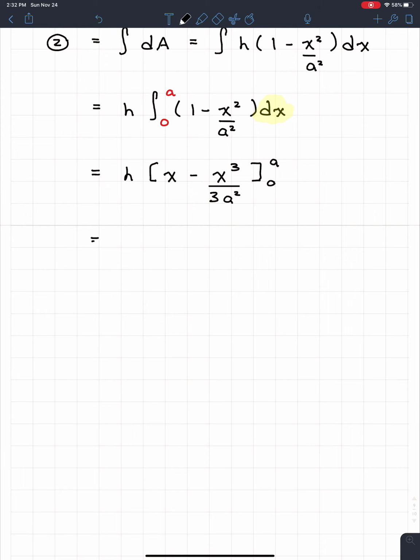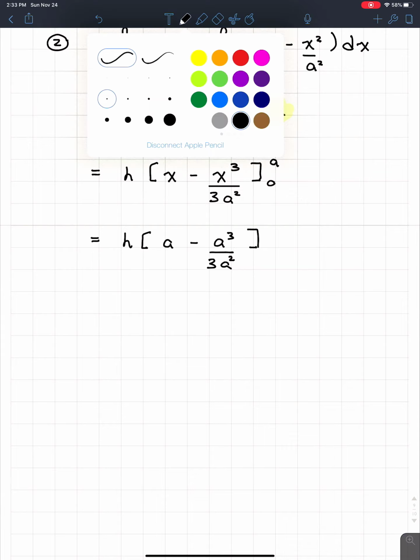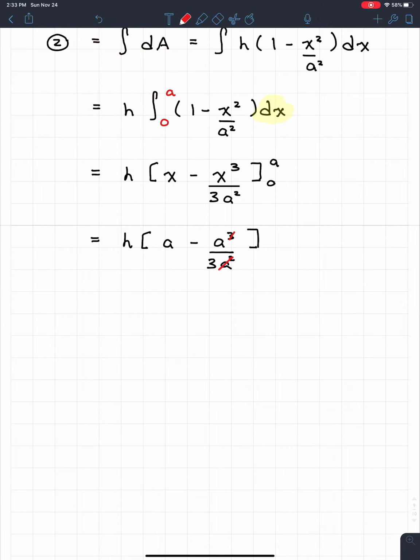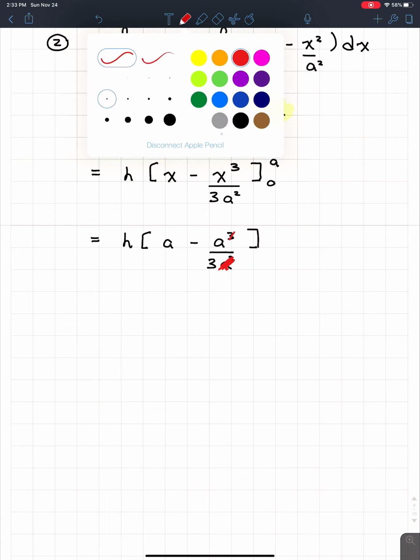So all this is equal to h. And then in brackets, we're going to have a minus a cubed divided by 3a squared. So we can simplify this a little bit more. We see, and I'm going to take the red pen, the a cubed will cancel with the a squared, so we just got a over 3. So if we were to do this, we can simplify it even more.